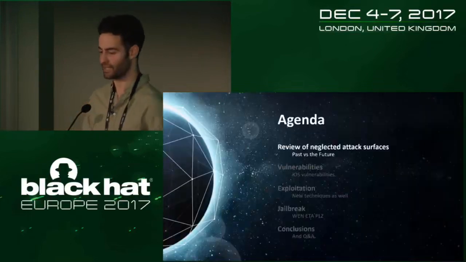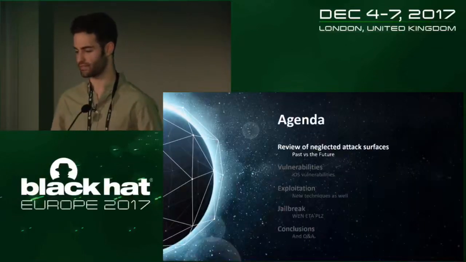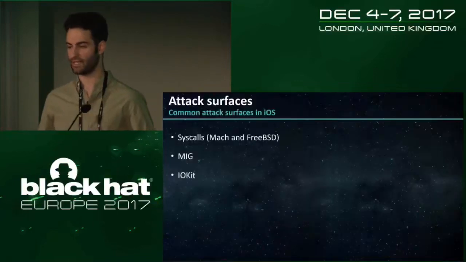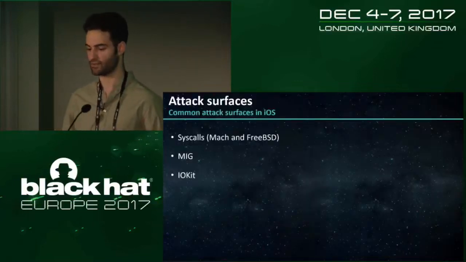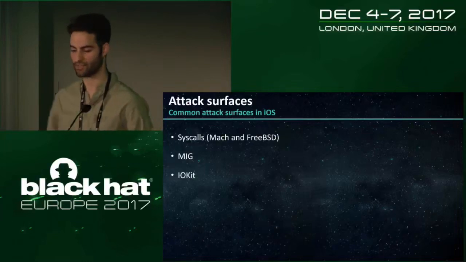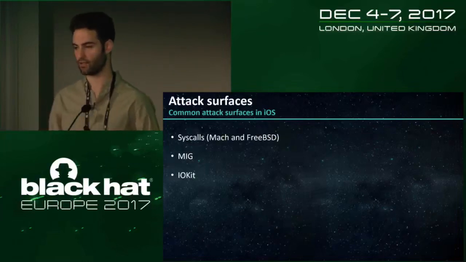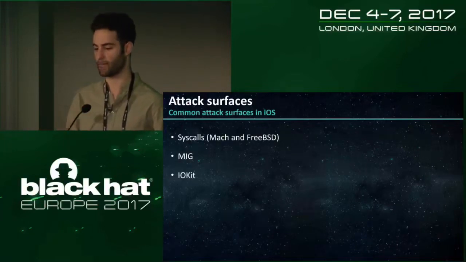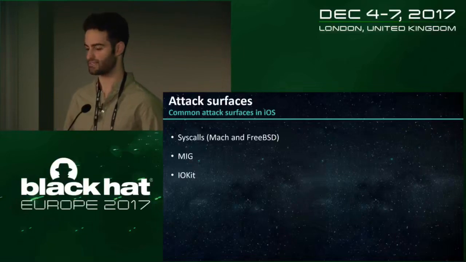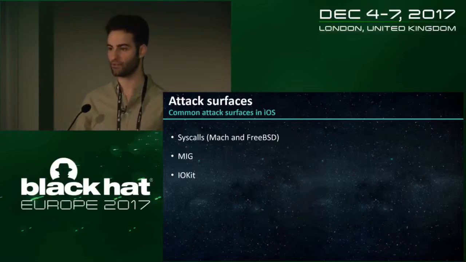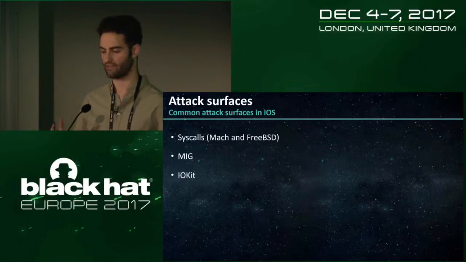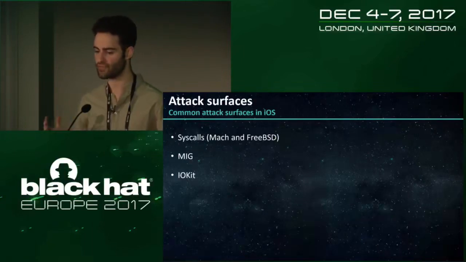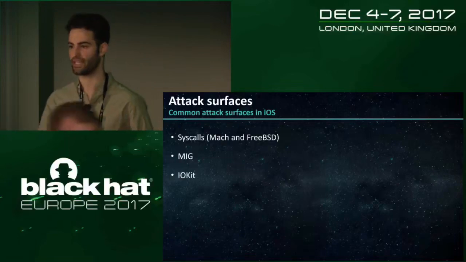So let's start. We'll start, like I said, with the review of the attack surfaces. So in iOS and also macOS, there are a lot of attack surfaces. We can categorize them into different sections, let's call it this way. Mainly syscalls, system calls. Now on iOS, on XNU, we have Mach syscalls and FreeBSD syscalls. We also have MIG, which is an auto-generated messages interface. It works like an IDL.